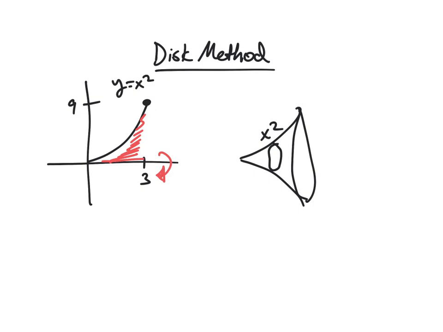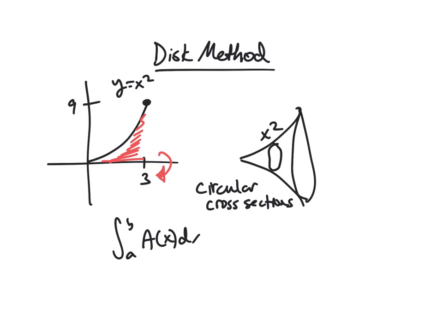Well, we can basically use the idea from before, except that in this case we know what our cross sections will always be whenever we're rotating around an axis. We see that these are definitely going to be circular cross sections. And so in general, we want something like the integral from a to b of A(x) dx.